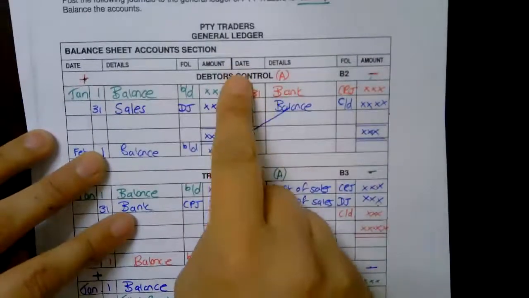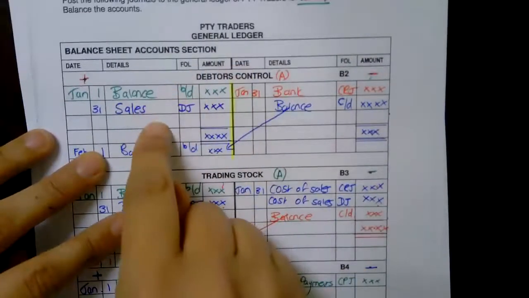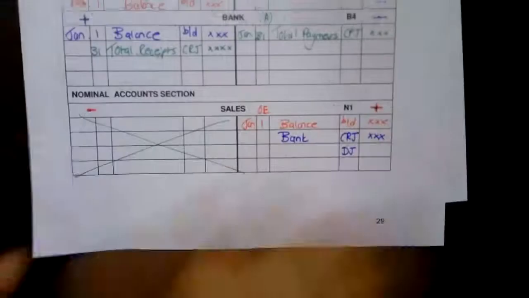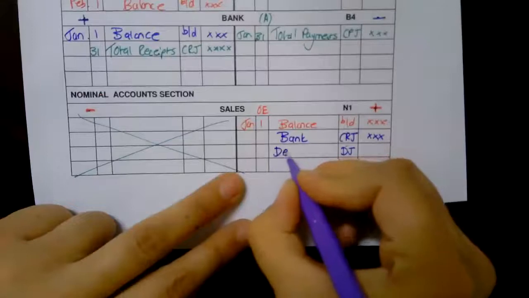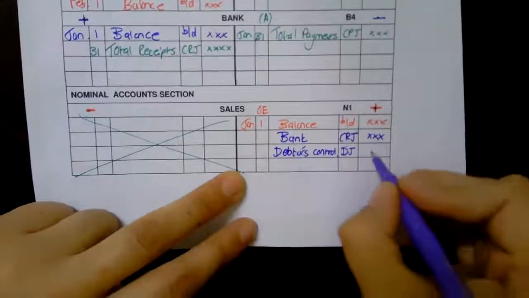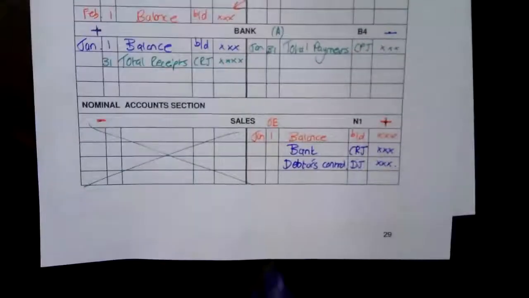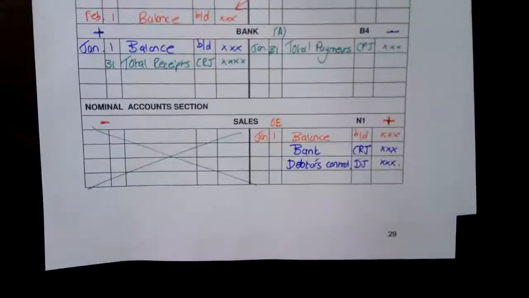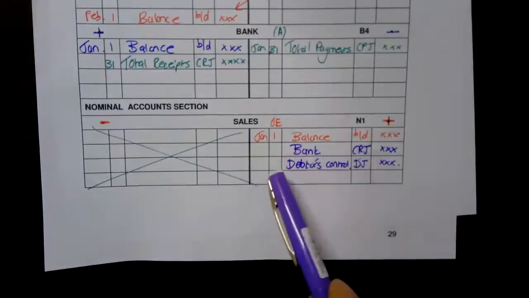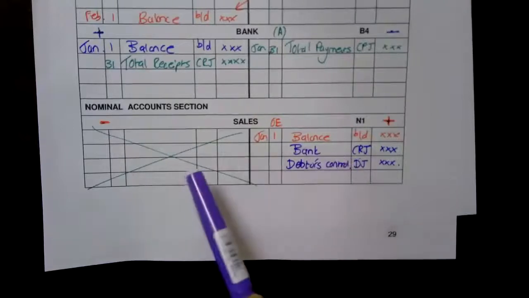When debtors control is debited with sales, then sales must be credited with debtors control. So that is why we write debtors control here. Okay, because it's a credit sale that took place according to the DJ, and so it's sales and debtors control. And here we had a cash sale that took place, so it's bank and sales.